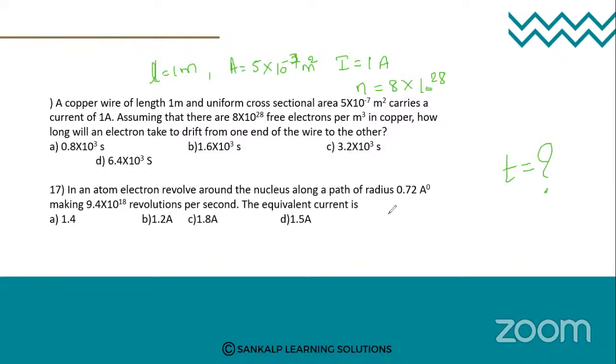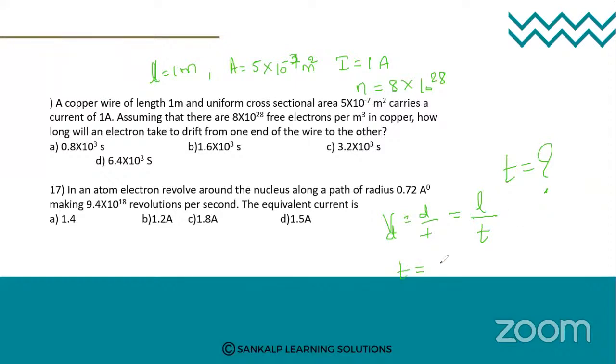So we know that velocity is equal to distance upon time. But here we need to consider the drift velocity. Therefore, I can write it as drift velocity is equal to distance upon time. This distance is nothing but the length of the wire. So length value is given, time we need to calculate.